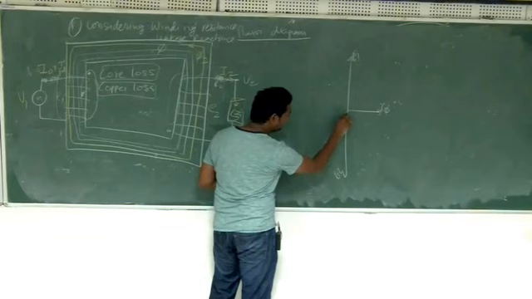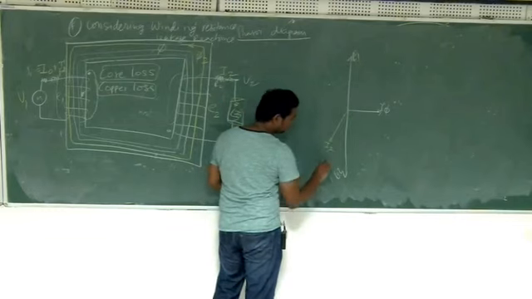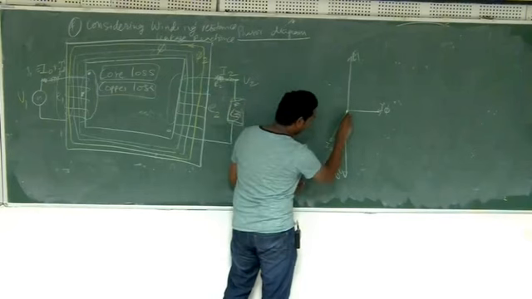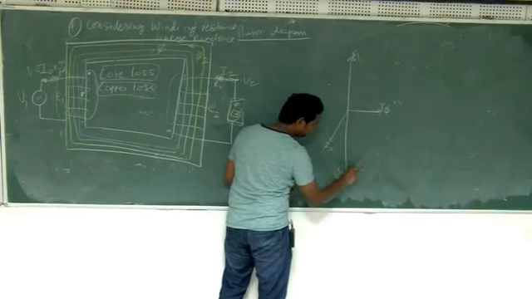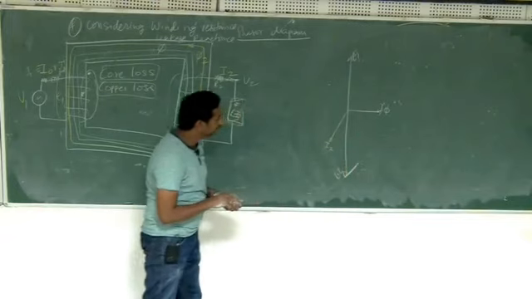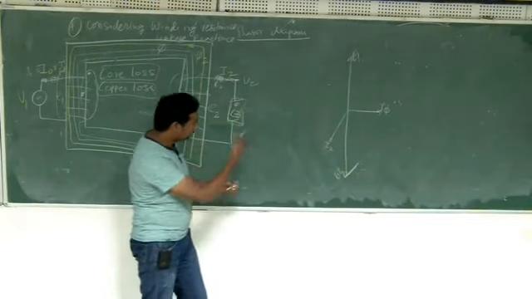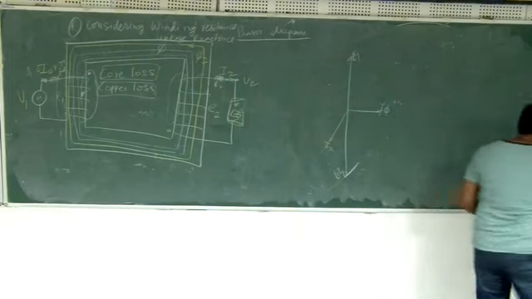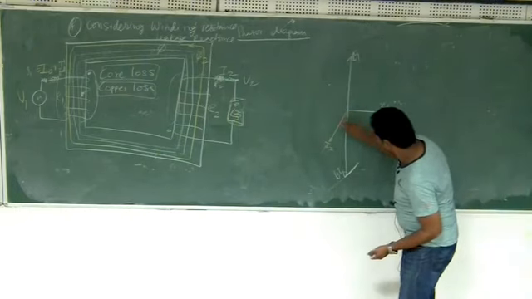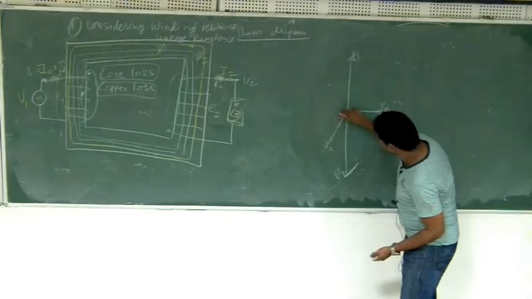One voltage drop will be, we have done that sometime back, parallel to this line, I'll have some voltage drop like this. Or let's put it here itself. See this drop, I2 into R2.